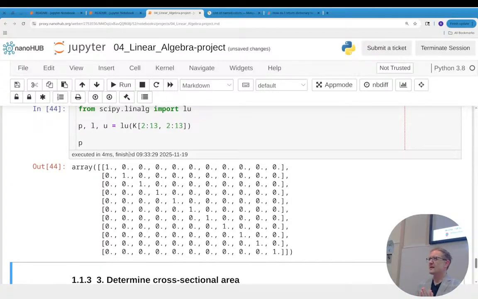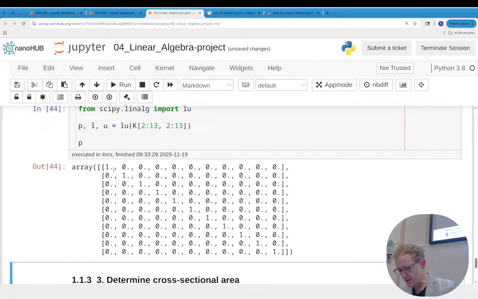Do you know what this P matrix is? If you get an LU decomposition, there's P, L, and U. This one has to do with partial pivoting, so switching rows.